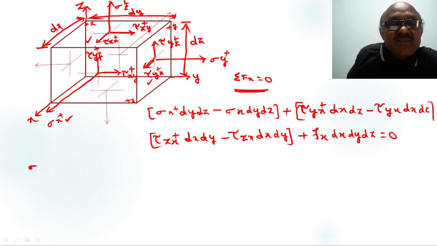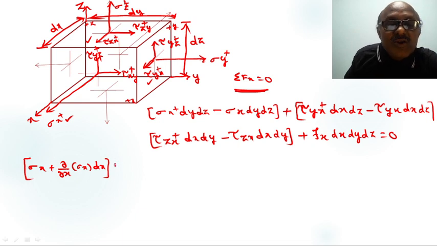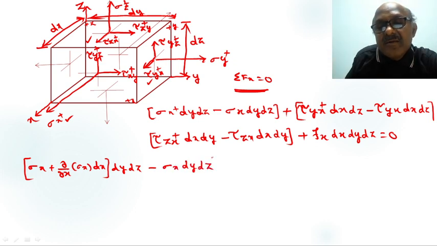Now we are solving these terms first. Sigma x plus is nothing but sigma x plus dou by dou x of sigma x into dx. This is already derived in the tables. Into dy dz minus sigma x dy dz.